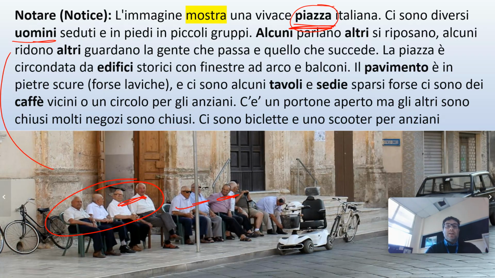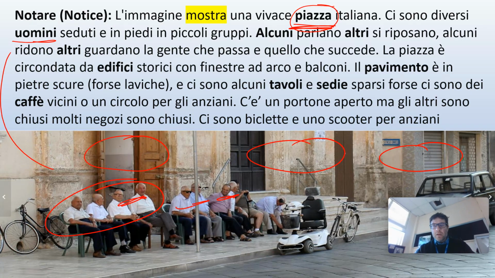Cosa si vede? Si vede che ci sono degli edifici piuttosto vecchi e storici, e una tipica città italiana, probabilmente d'estate, quando fa caldo. They're all wearing t-shirts and shirts, so it's probably summertime. What else do we see? We see biciclette.